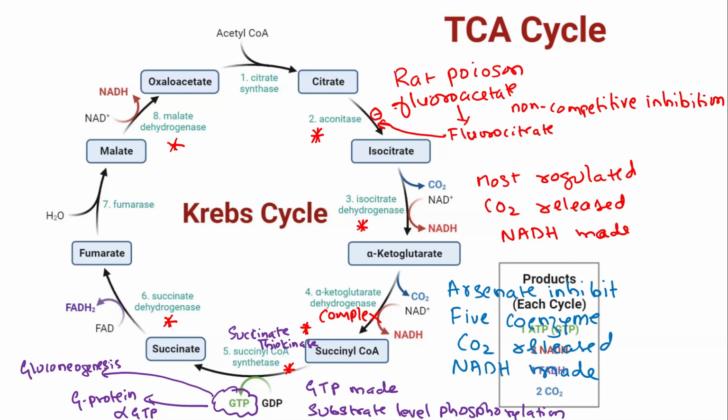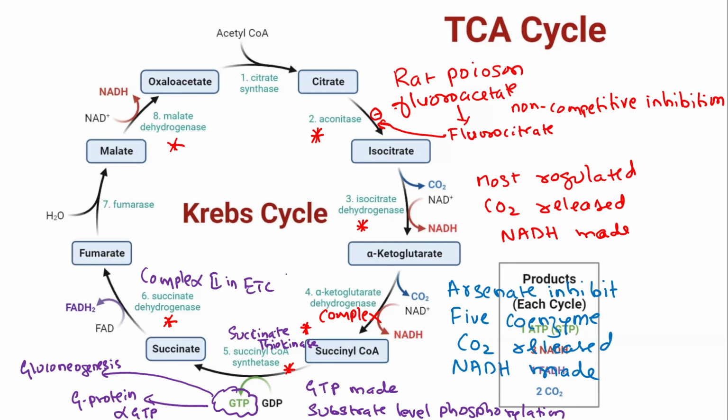All right. Coming to our next high yield reaction, the conversion of succinate into fumarate by succinate dehydrogenase. Why is this enzyme important? Because this is complex 2 in the ETC. That's why this is an important enzyme.